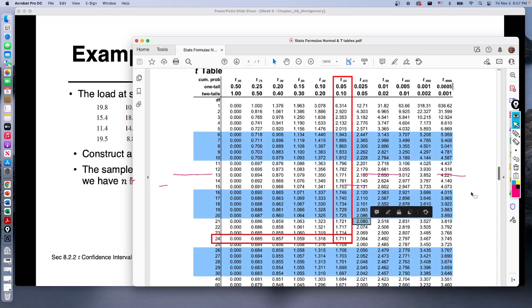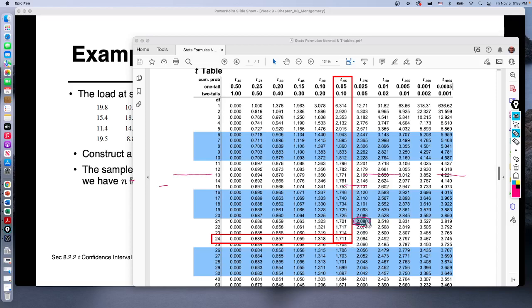That's this one right here. So 2.080, that's how they got it. They used this table and looked it up. I downloaded this from the internet, and it has a guide on how to look it up. It was just an example of how to look up a particular value.